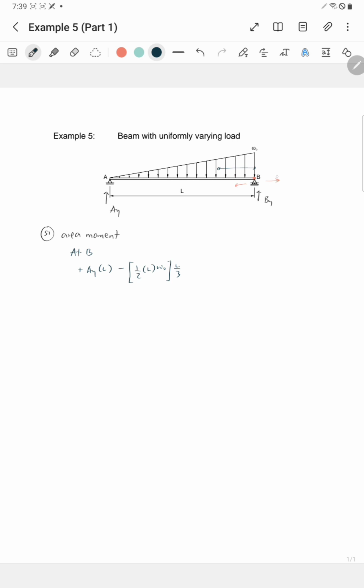Then equals moment right of B, which is equal to 0. So that AY is equal to WOL over 6.